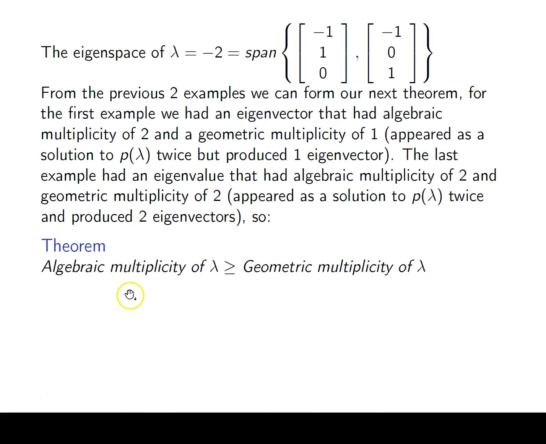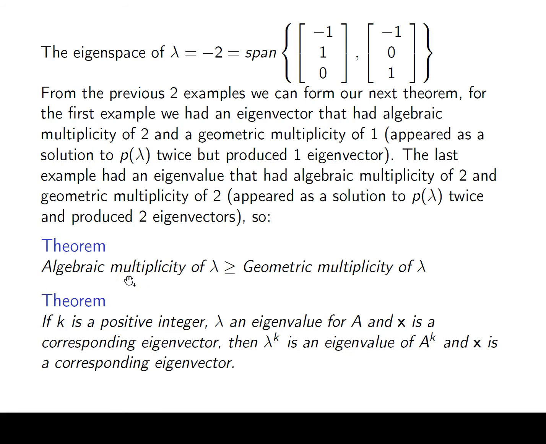So the eigenvalue can show up equal to or more than the number of eigenvectors that it can produce. Okay, so I can have a multiplicity of 3, but it only produces one eigenvector. It'll never produce more eigenvectors than it shows up as a root.